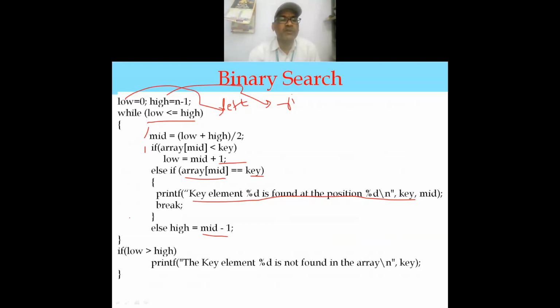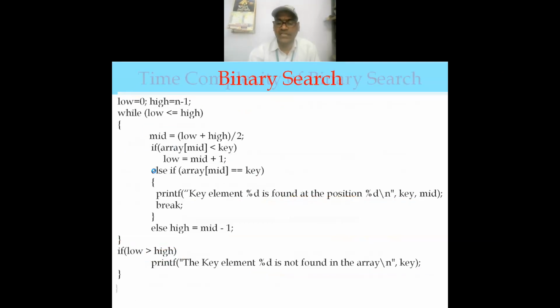This process is repeated as long as low is less than or equal to high. When low is greater than high, there is no way of dividing the array into halves again, so we say that the key element is not found in the array. So this is the program code for the implementation of the binary search algorithm.